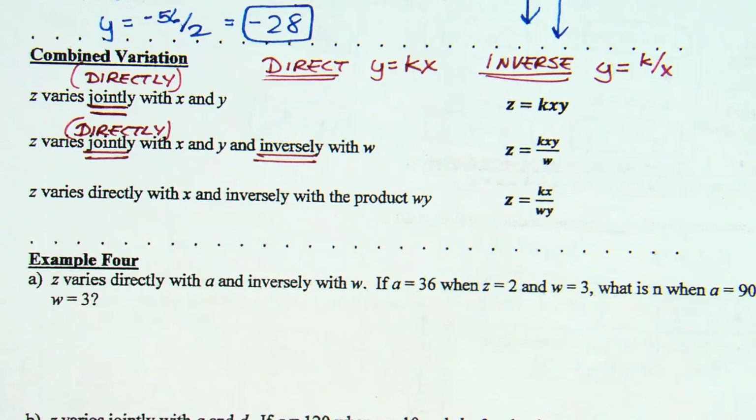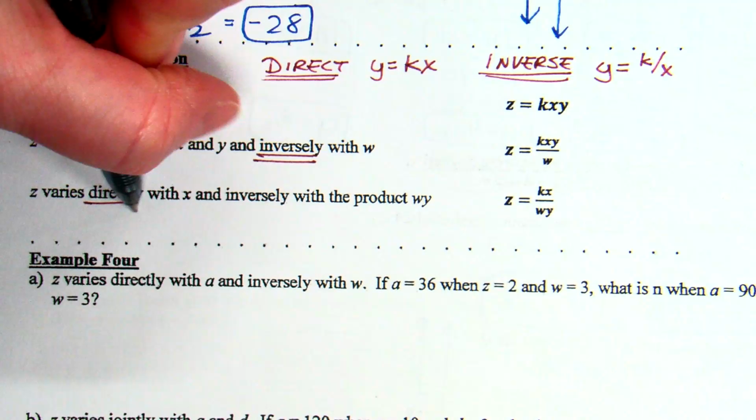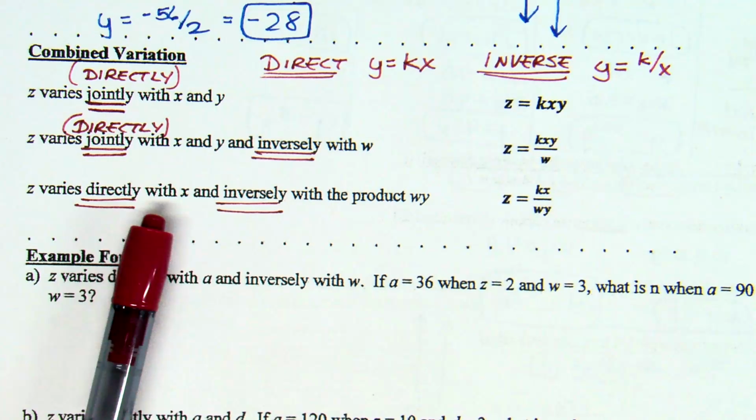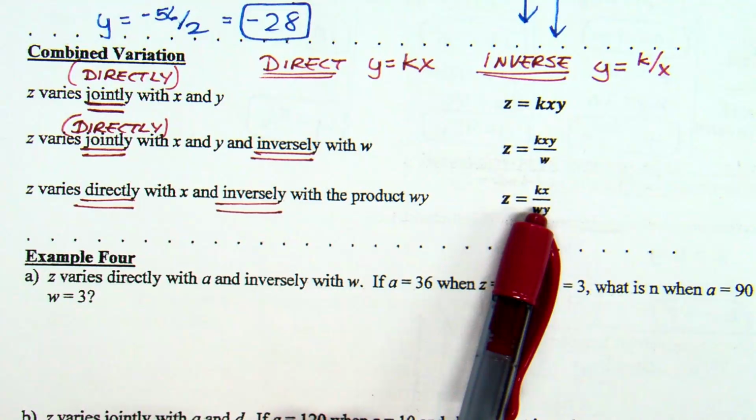One more example. Z varies directly with x and inversely with the product wy. So do you see it here? Z varies directly with x. What's that mean that we're going to do with x? It's going to have to multiply by k.